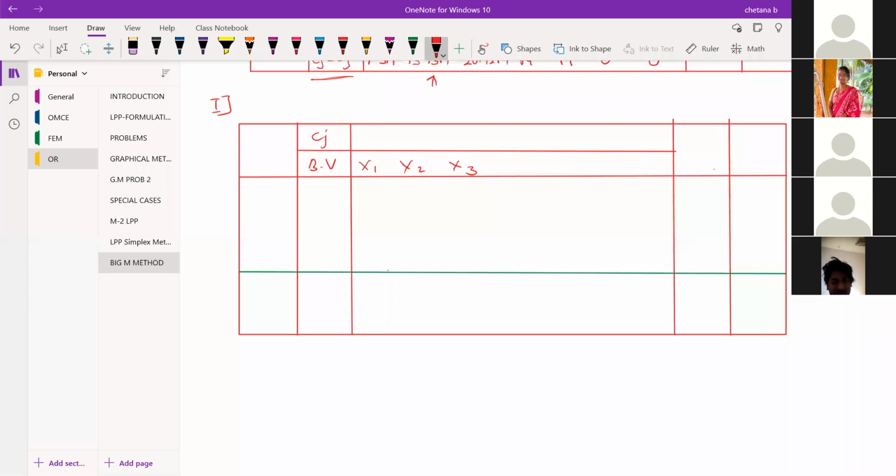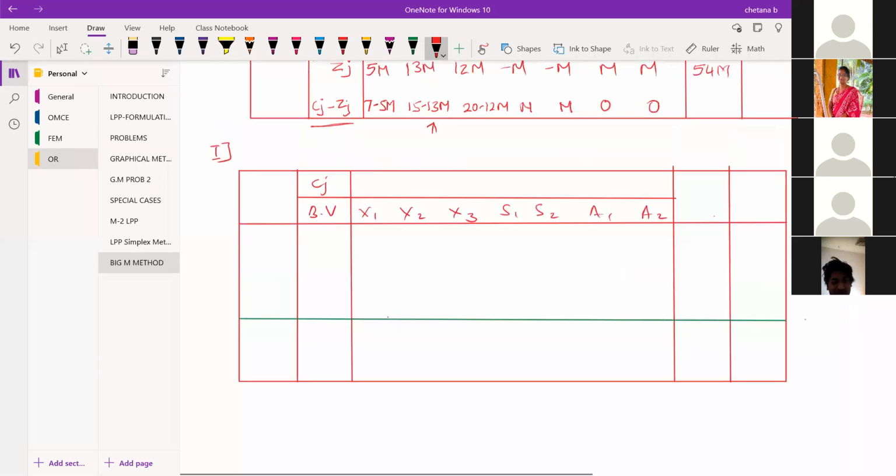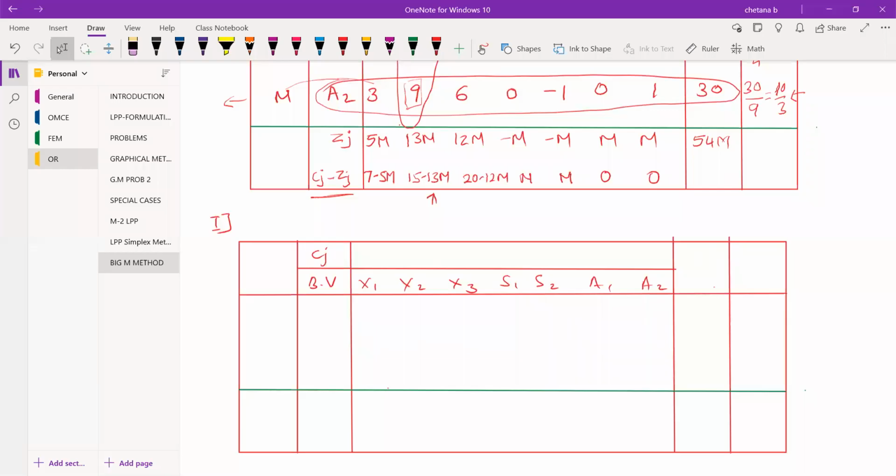One thing, if you see this table, it says that there is an entry of X2 and there is an exit of A2. Some variable is the leaving variable. Suppose in this case A2 is the leaving variable. You can write it like this, or you may leave it out.